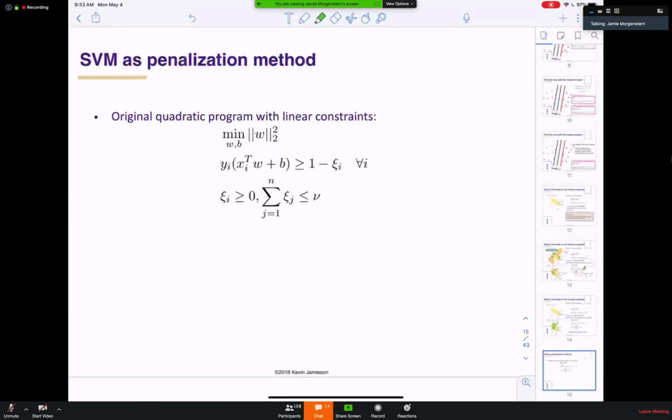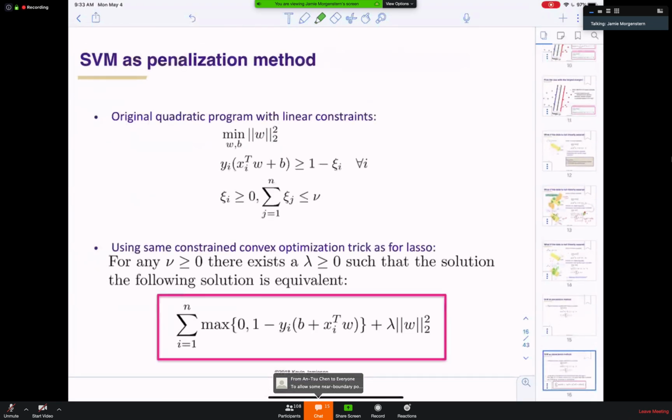Okay, so we can also think of SVM, which we were just talking about as this quadratic program with linear constraints. And like we talked about with lasso, and Kevin so eloquently described, quadratic programs are kind of a pain. So you can instead write this as a nice problem where we incorporate the constraints into the objective directly.